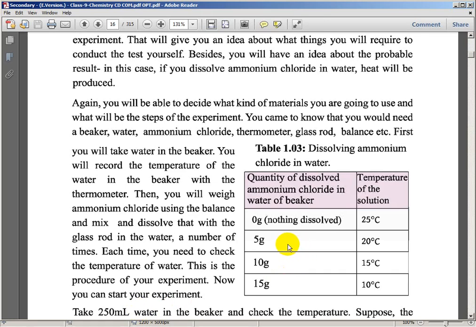At first, nothing is dissolved. At first you take the temperature of the water. For 5 gram, the amount of water is 250 ml.